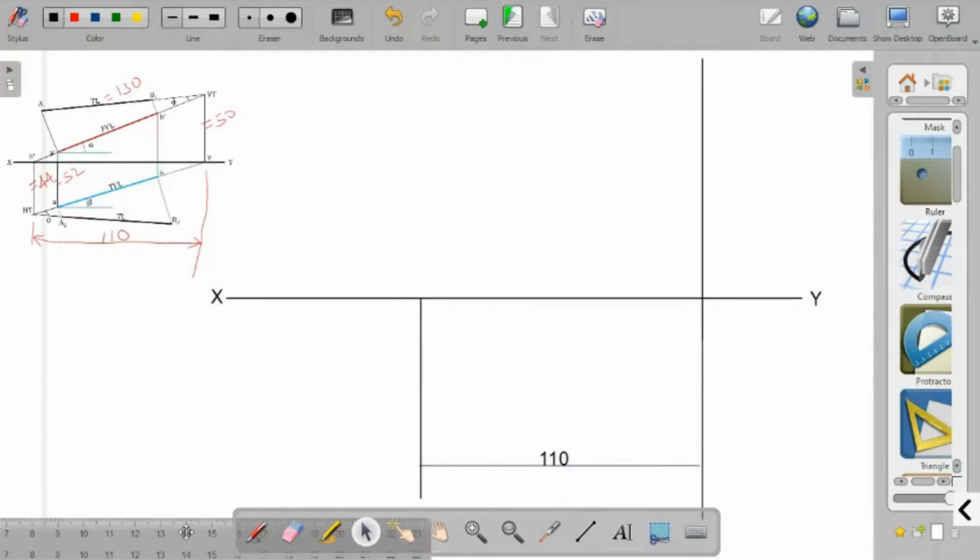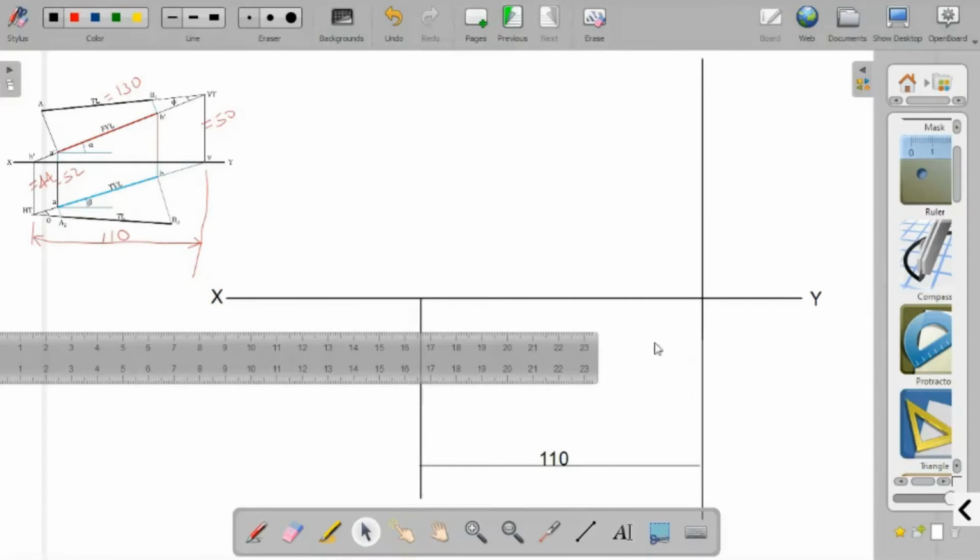Now what we need to draw is we need to find HT and H dash.